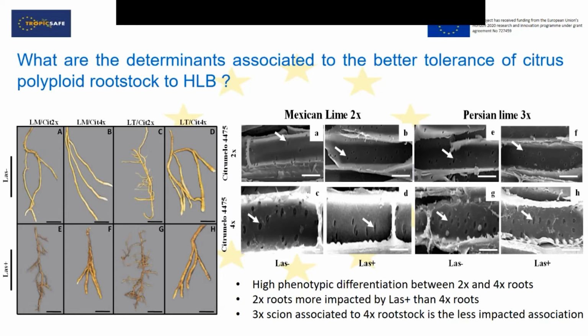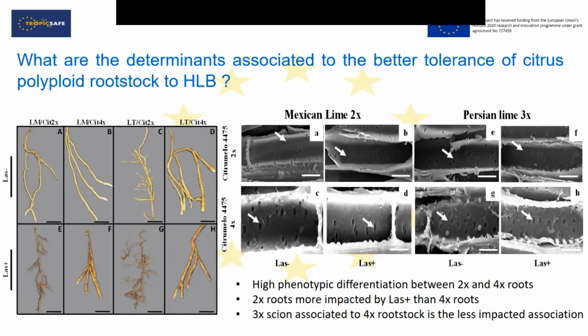And on the left, you can see secondary roots. You can see that the diploid roots are thinner than the tetraploid. The images at the top are the control, and at the bottom are the infected roots. They are brown.